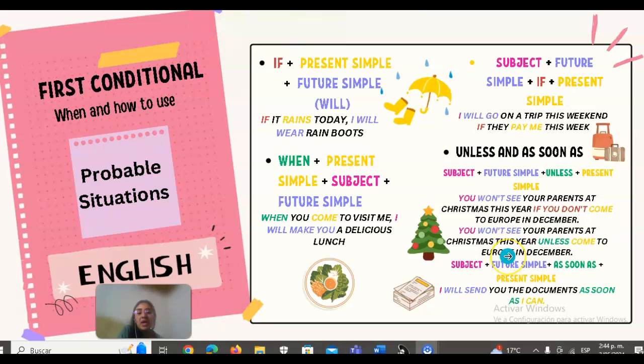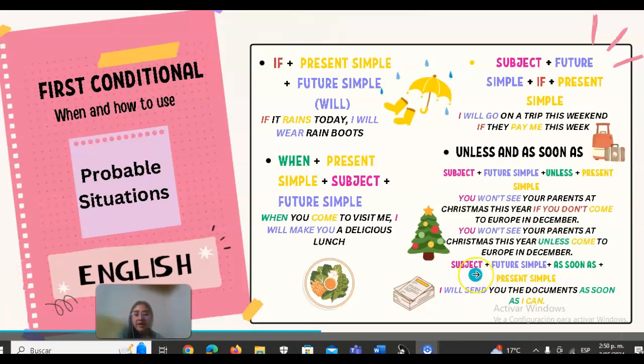For example, if we have this sentence, you won't see your parents at Christmas this year if you don't come to Europe in December, we can replace the if not with the following: you won't see your parents at Christmas this year unless you come to Europe in December. And we will have the same sentence with the same meaning using a different word.